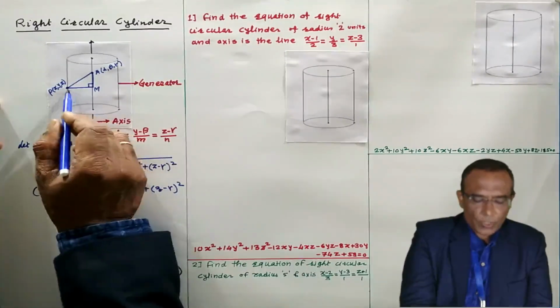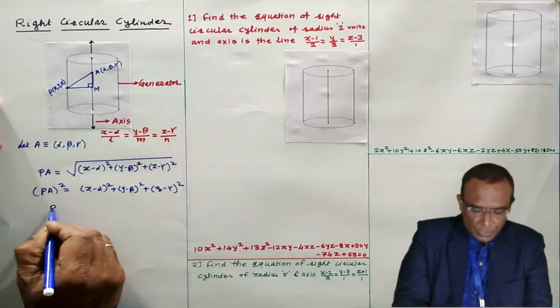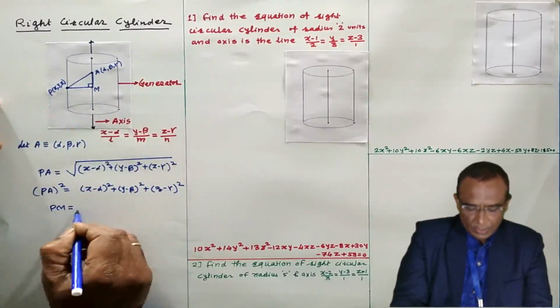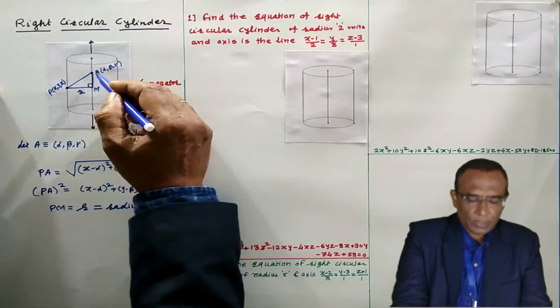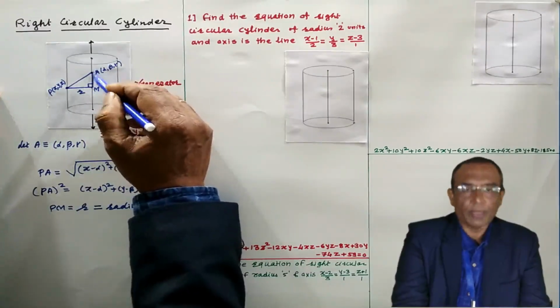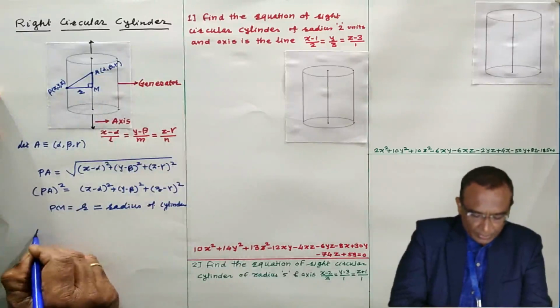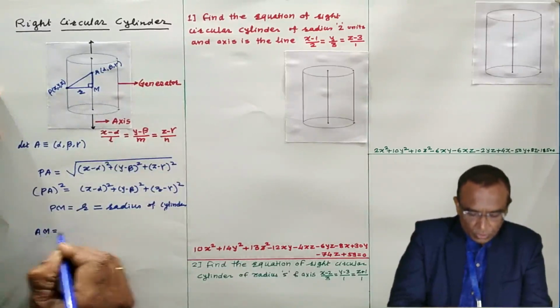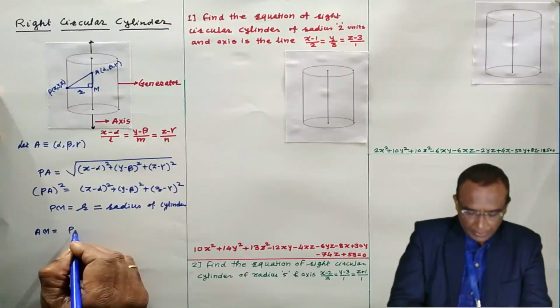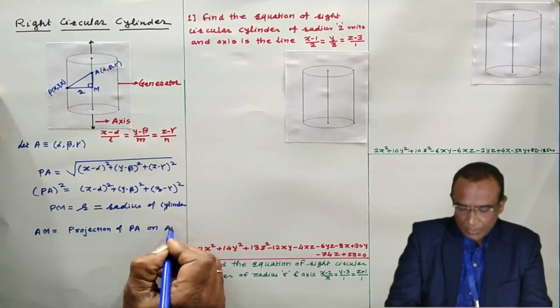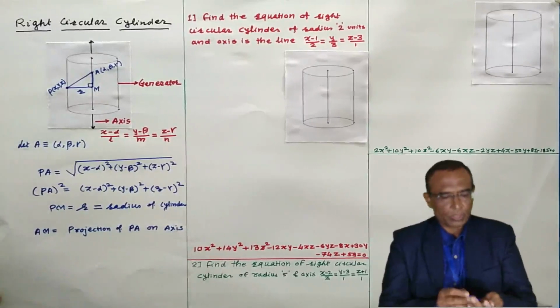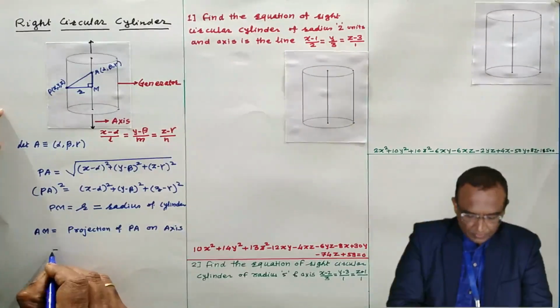Now, what is PM here? PM is the radius of the cylinder, which I am letting be R. PM is R. The important thing is that I have to find AM. So how do we find AM? AM is the projection of PA on the axis of the right circular cylinder.